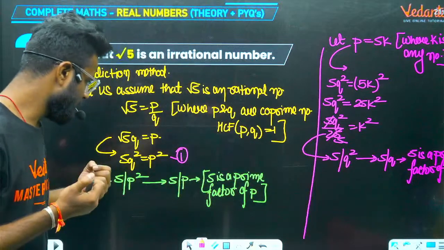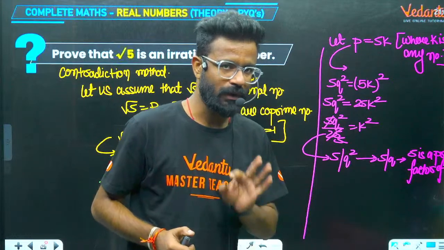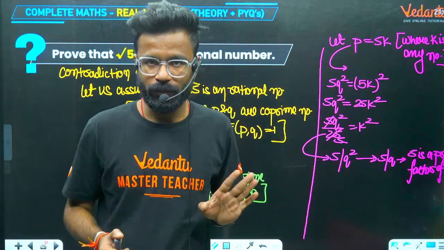What does it mean? If 5 is a prime factor of P, 5 is a prime factor of Q, that means 5 is a common factor of both P and Q. Simple.